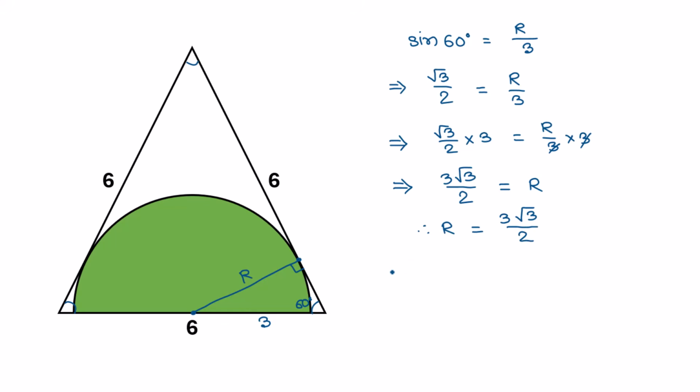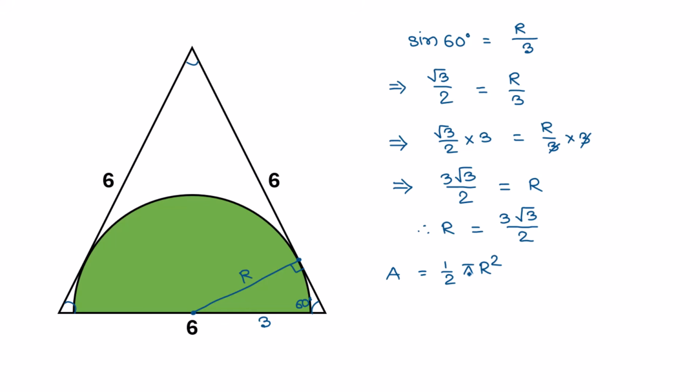So the area of this semicircle will be half of the area of the full circle. The area of a full circle is pi r squared.